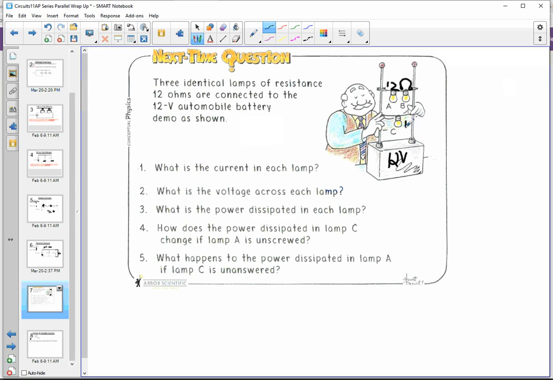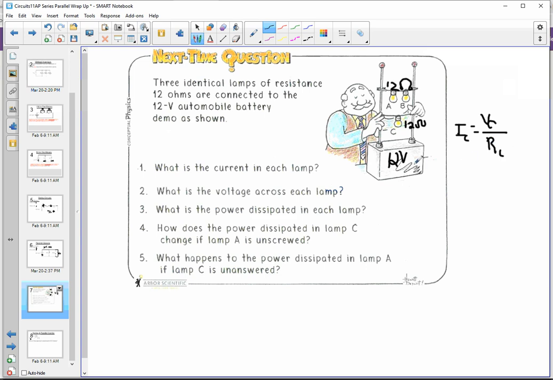If we have a 12 ohm resistor or lamp connected to a 12 volt battery, the current through bulb C, IC, will be VC over RC.